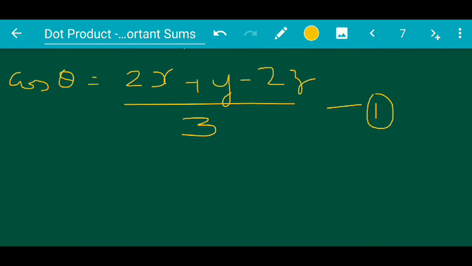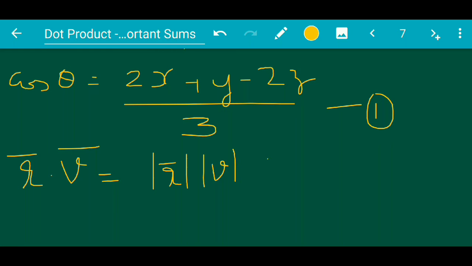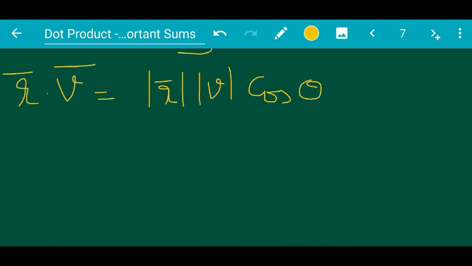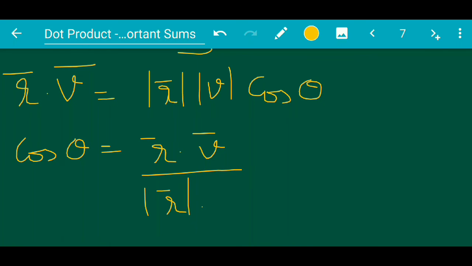Similarly, we also have the angle between r and v as theta, the same angle. So r dot v is equal to mod r into mod v cos theta. And thus from here, cos theta is equal to r dot v upon mod r dot mod v.